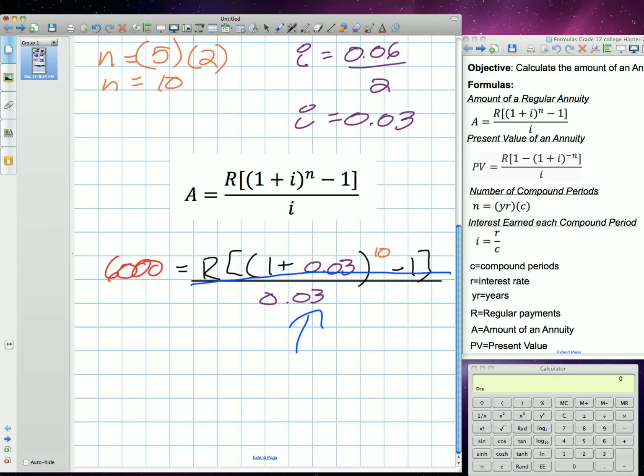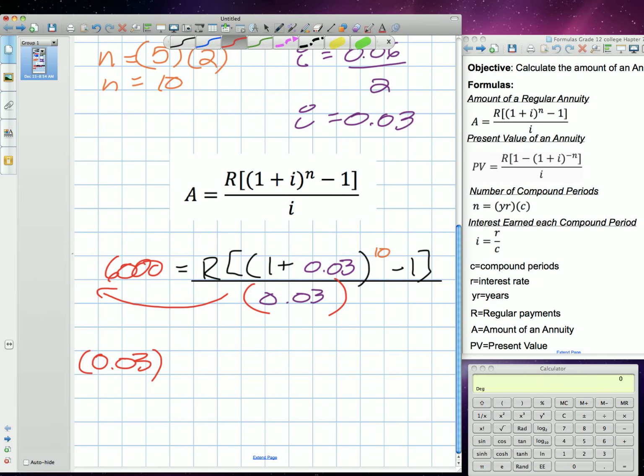In order to move it over, what do I have to do? Multiply, that's right, because this is a division sign here. So the left side of the equation will read 0.03 times 6,000 is equal to our regular payments multiplied by, now I'm going to simplify this a little here, 1.03 when we add it together to the power of 10 minus 1.